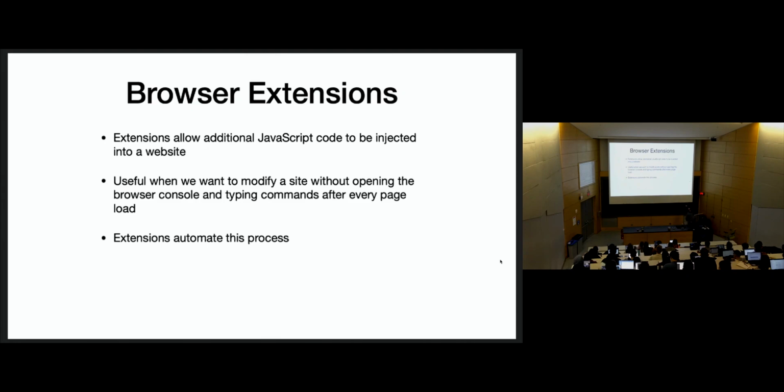But then you can also write browser extensions. What browser extensions are is JavaScript that runs after a page loads when you visit a page. So you can open up the browser console and run all kinds of JavaScript that does whatever you want to a page that you're visiting. But that gets tedious. A browser extension automates that process and says, this whole script, run it every time I visit this page.